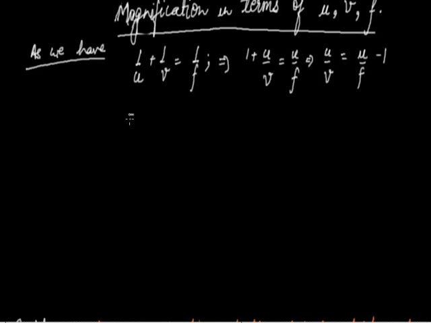If we further solve this equation, then we'll find U upon V is equal to U minus F upon F.